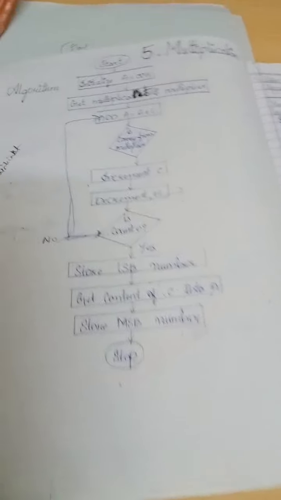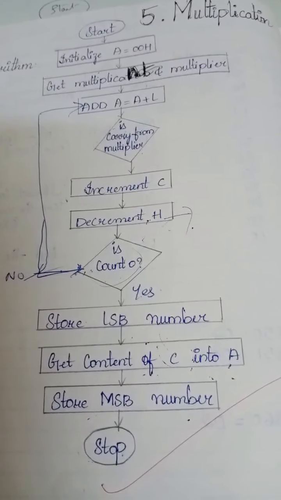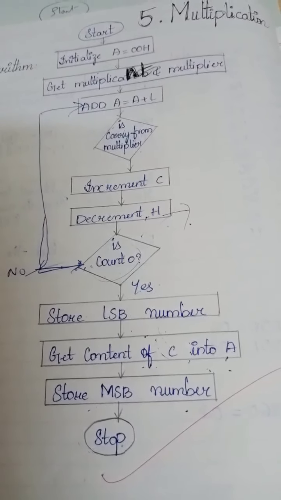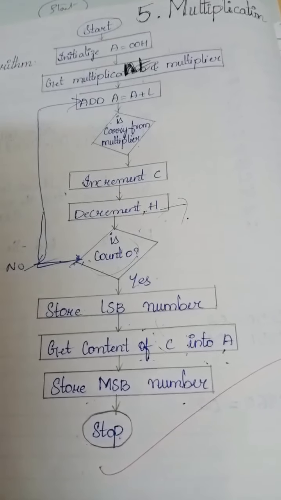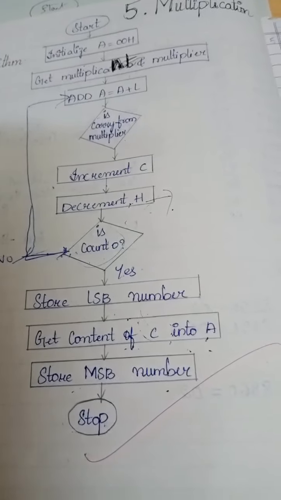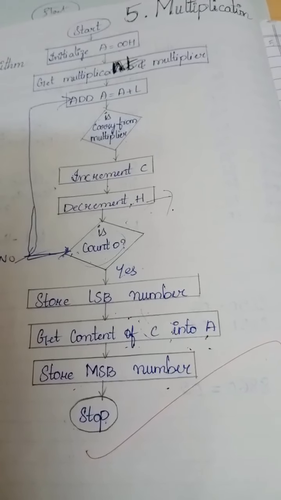Okay, here you have seen this flow chart. It is very simple. One number we are loading in L, and we are adding it with the accumulator, then we are checking for the carry, then we are decrementing the count, and till count is equal to 0, we have to add the number continuously.